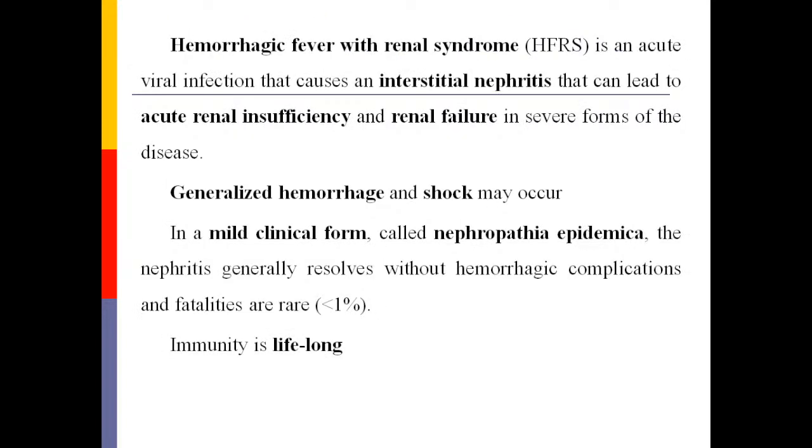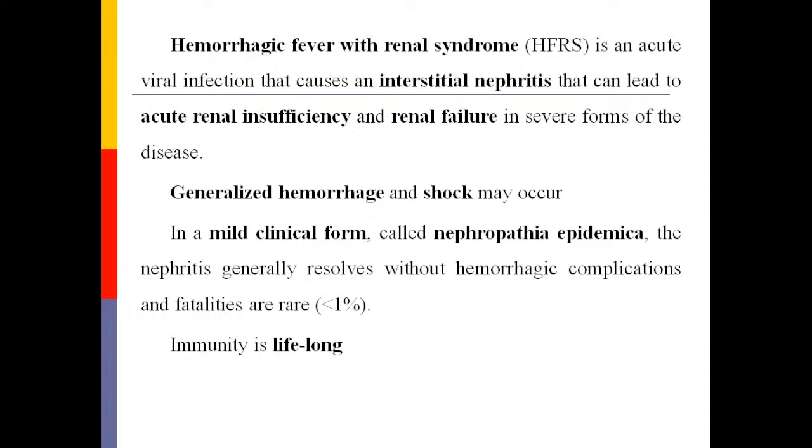Hemorrhagic fever with renal syndrome is an acute viral infection that causes interstitial nephritis that can lead to acute renal insufficiency and renal failure in severe forms of the disease. Generalized hemorrhage and shock may occur.